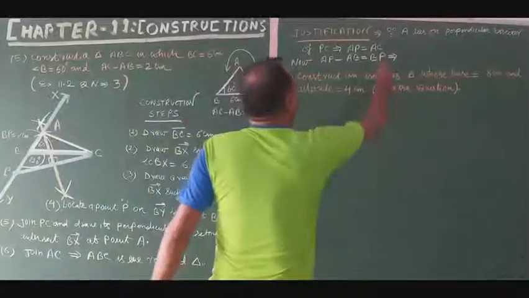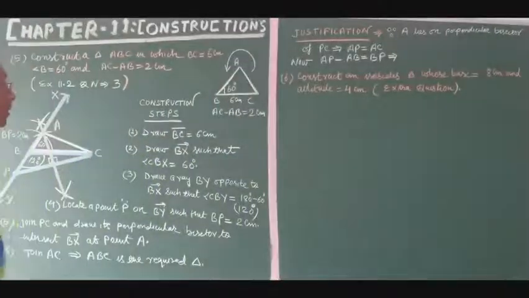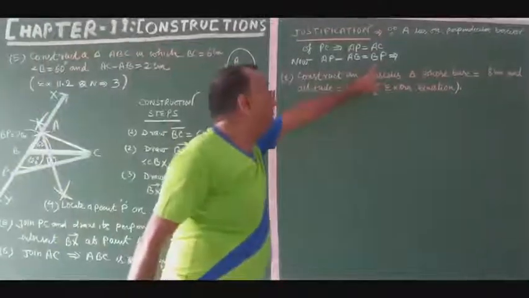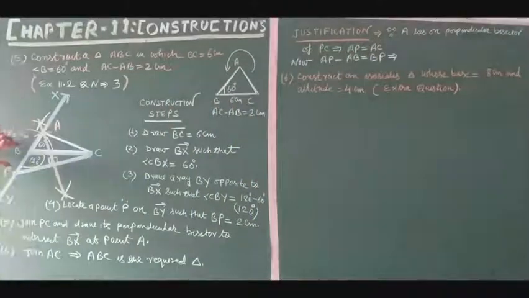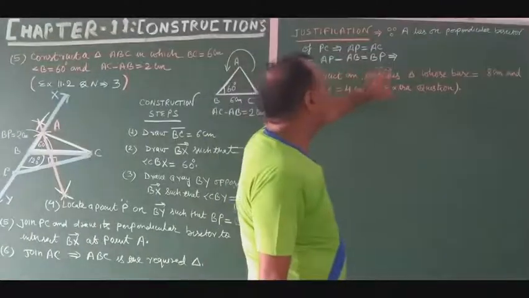Now just look here, this BP, and this is equal to what? This is AP minus AB. So now AP minus AB is equal to BP.